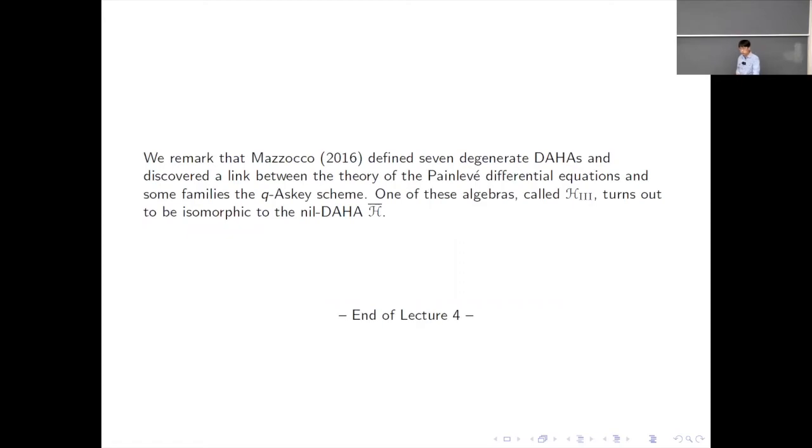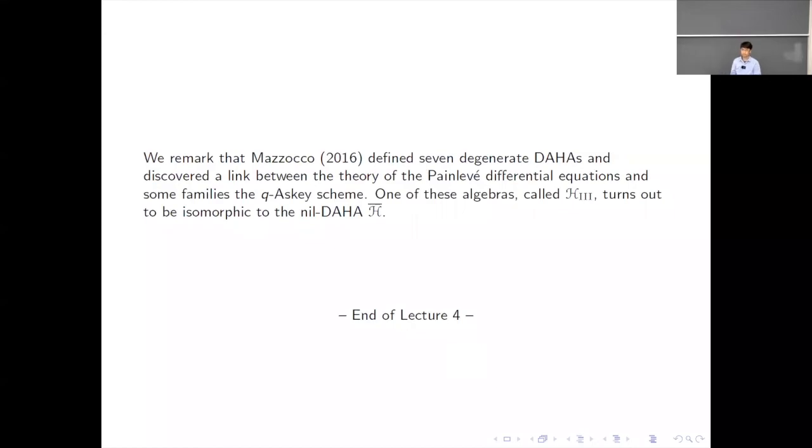Of course, I have no idea about the other 6 degenerate cases. Are they related, again, to the distance-regular graph side? I don't know, but anyway, that's a good observation. So let me end today's lecture.